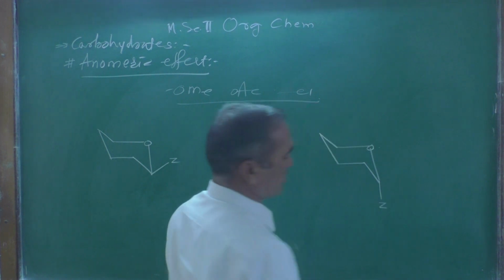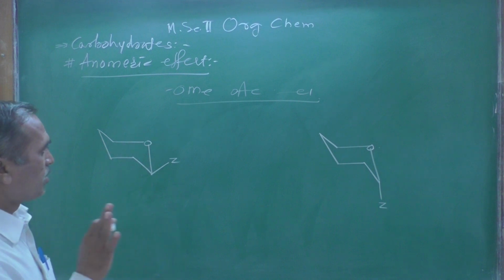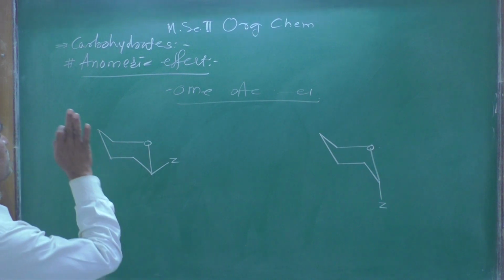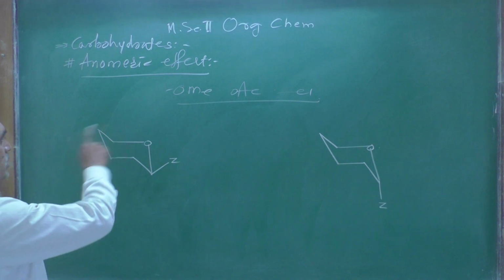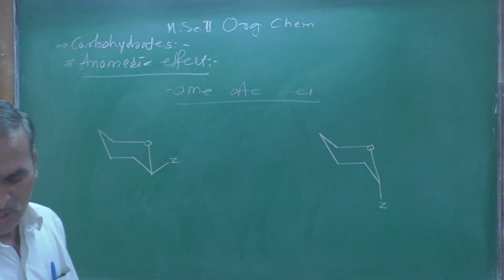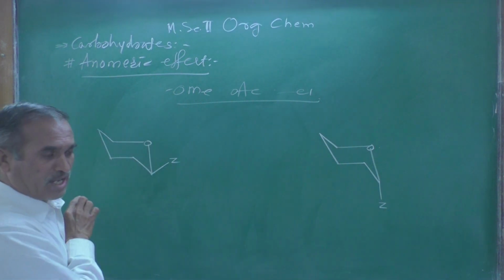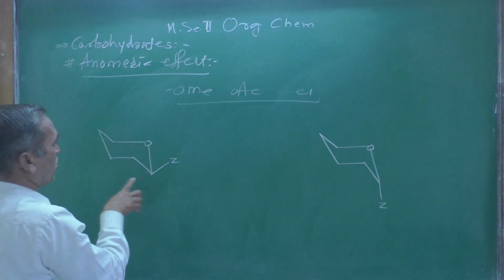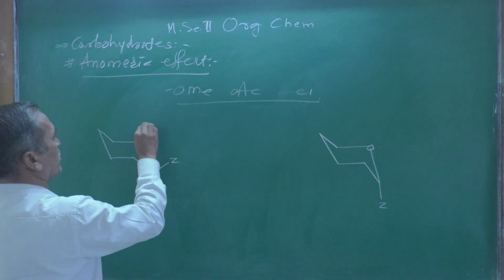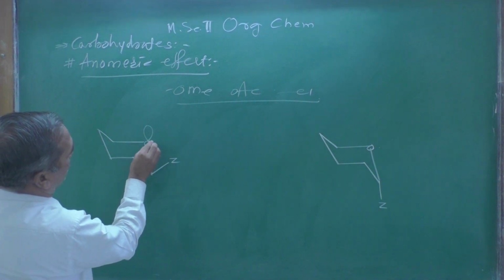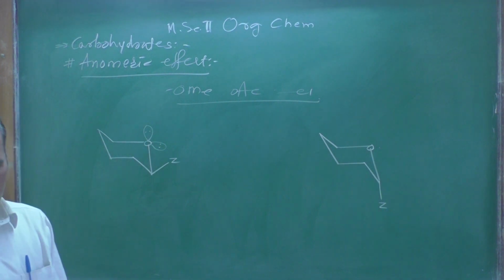Z is any group we are going to consider. I am trying to explain the anomeric effect with the help of this suitable example. As we know, this is the oxygen atom, the heteroatom involved in this pyranose ring, and therefore the orbital I am showing here is like this. This is a lone pair which is present over there.